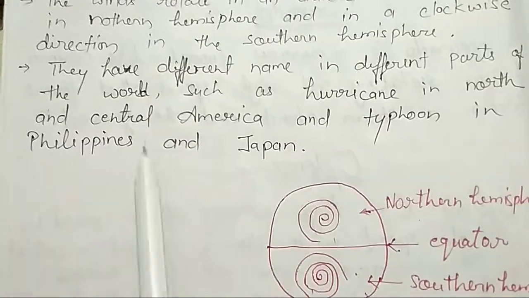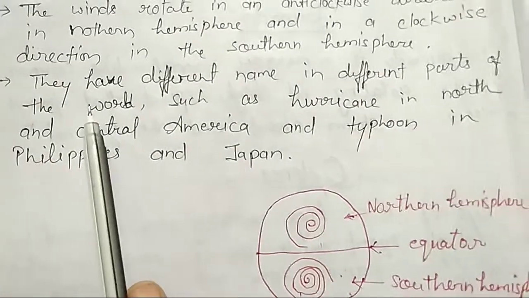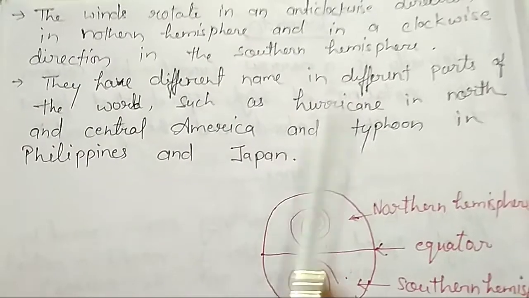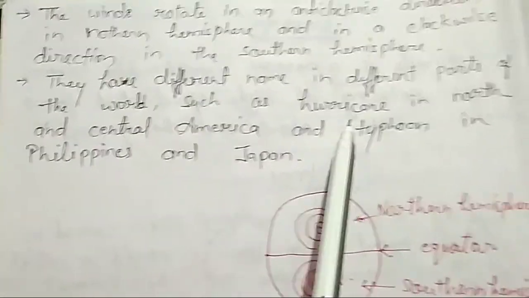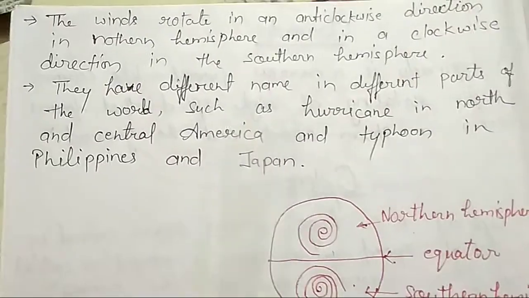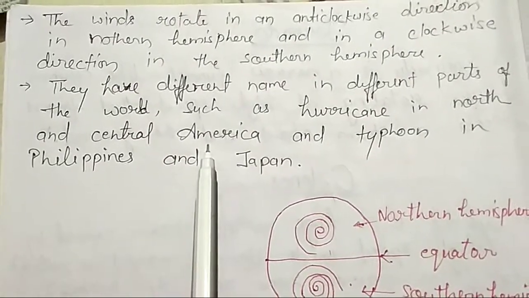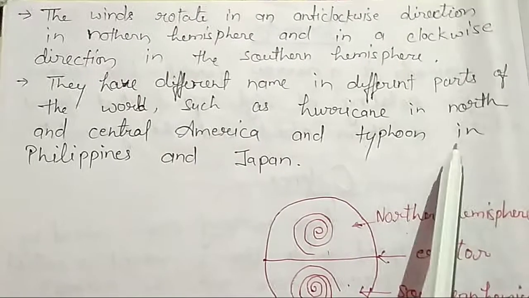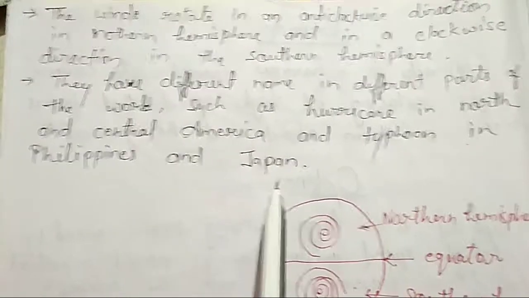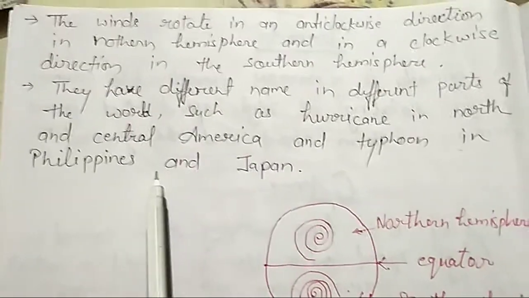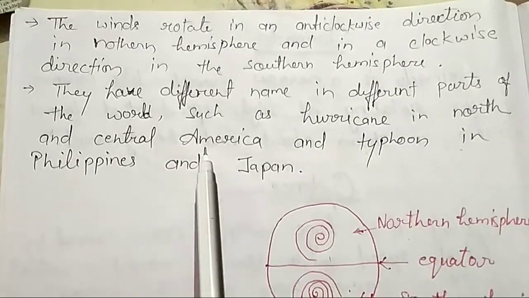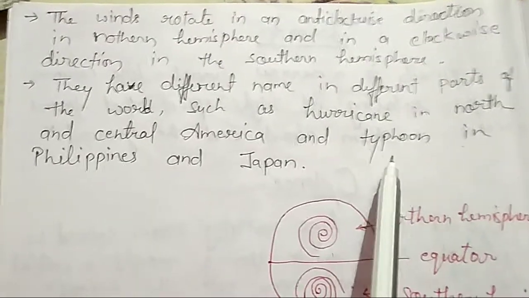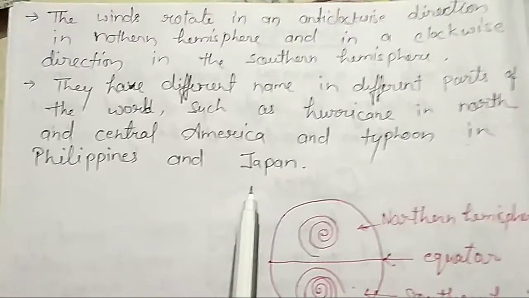Next and last point of this topic is they have different names in different parts of the world, such as hurricane in North and Central America and typhoon in the Philippines and Japan. Means the cyclone is known as hurricane in North and Central America, and it is called typhoon in the Philippines and Japan.